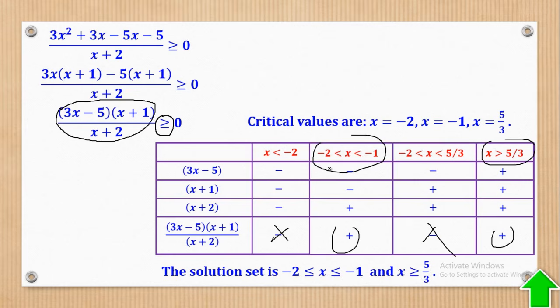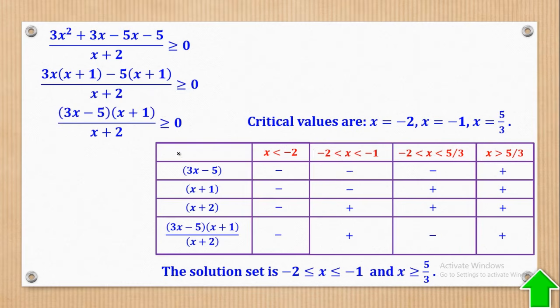So we use these inequalities, but now someone may ask, why are we using greater than or equal to, yet here it was just greater than? The reason is because of the question. When you look at the table, we don't add any or equal to. But in the conclusion, you look at the given inequality.